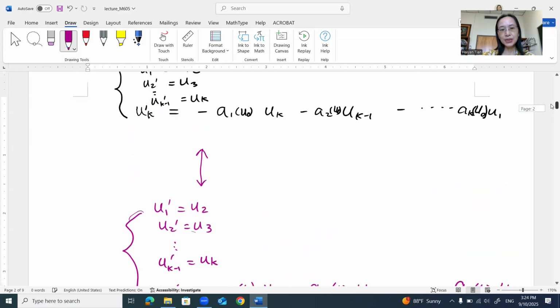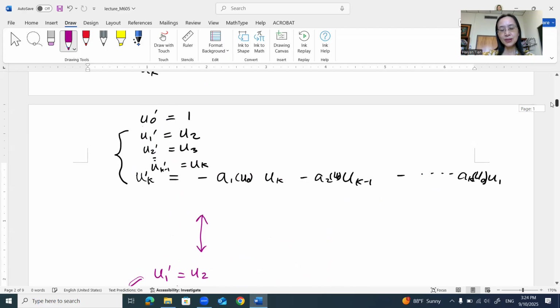But when you make it autonomous, it's no longer linear, because you see this times this, so in u it's not necessarily linear. So sometimes you get a linear system.